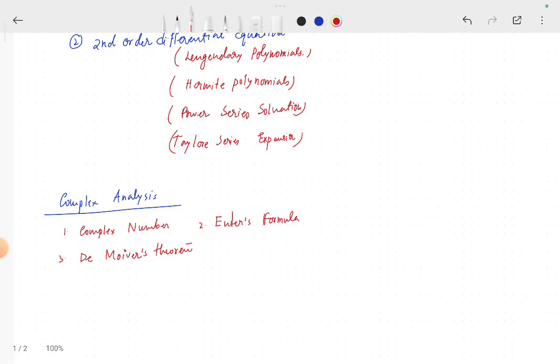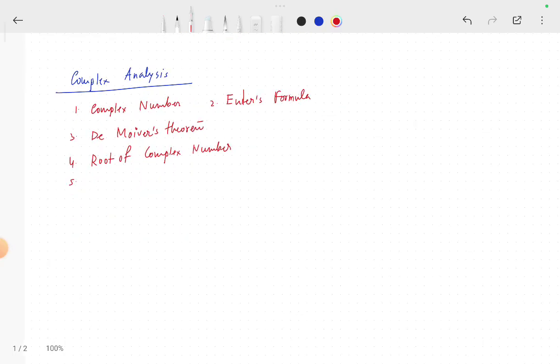The next topic is roots of complex numbers.